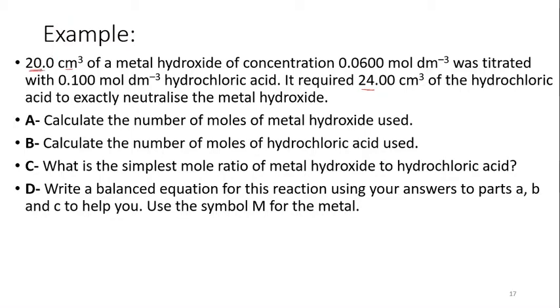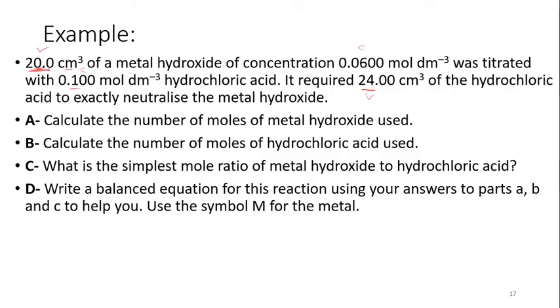If I look at the given information, I have 20 cubic centimeter of the metal hydroxide, so I know its volume and its concentration, and I also know the concentration and the volume of the hydrochloric acid. So my first step would be calculating the number of moles for metal hydroxide. For that, I will multiply the concentration by the volume.